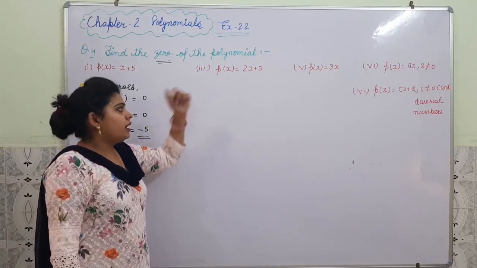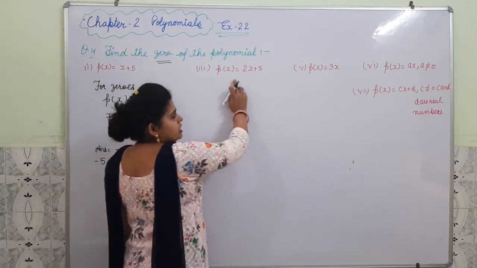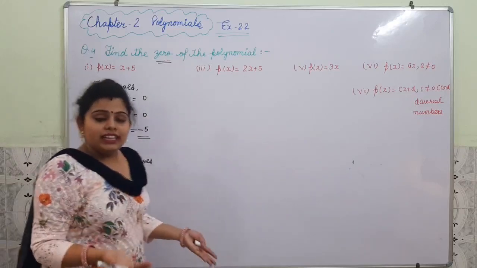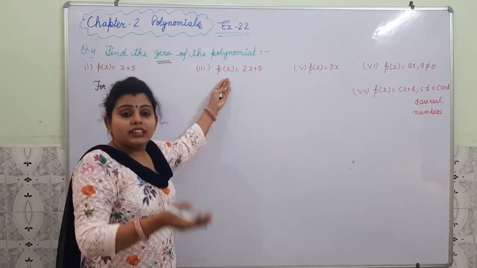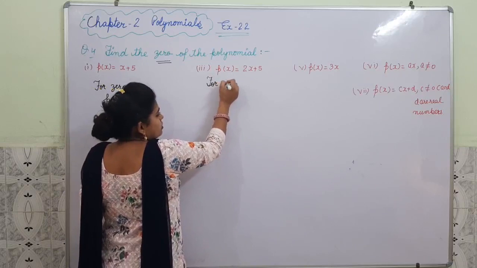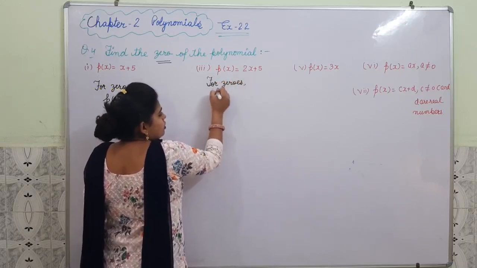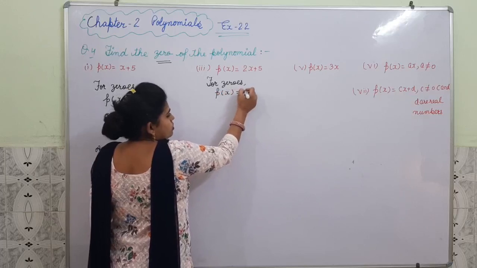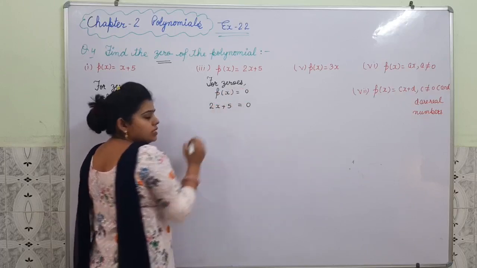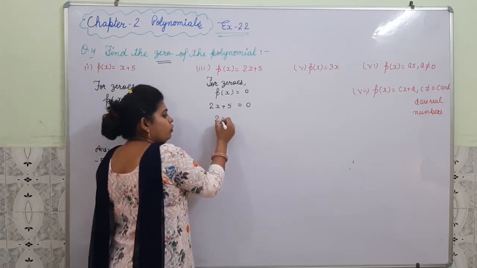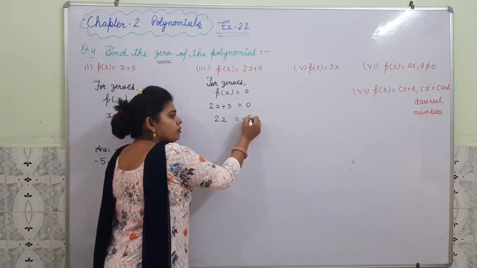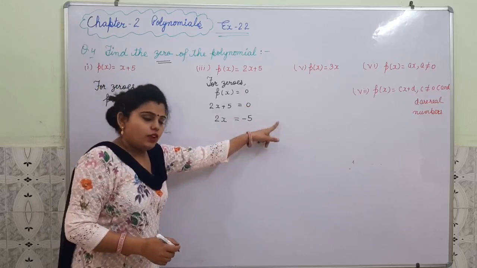Now come to its third part. What is given? P of x is equal to 2x plus 5. Again, we have to find zeros. We will compare this p of x with 0, so 2x plus 5 will equal 0. Then 2x is equal to minus 5, because plus 5 becomes minus 5 on this side.